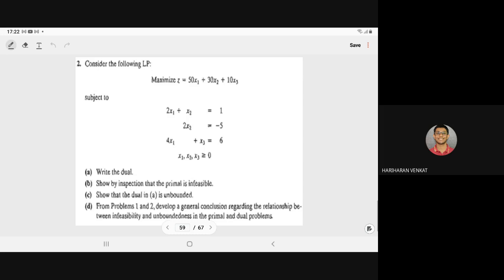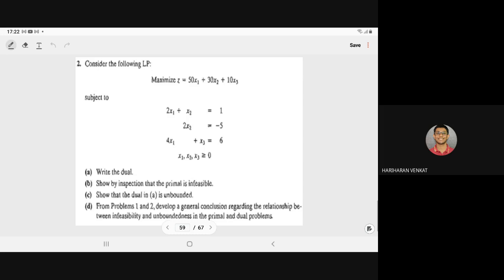Now let us have this problem. Consider the following LP. Maximize z equals 50x1 plus 30x2 plus 10x3, subject to 2x1 plus x2 equals 1, 2x2 equals minus 5, 4x1 plus x3 equals 6, and x1, x2, x3 greater than or equal to 0.